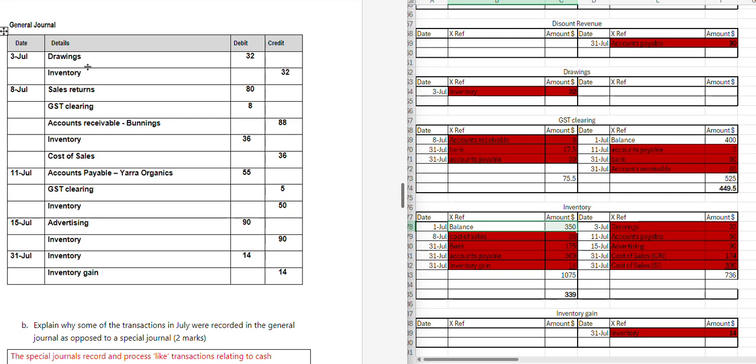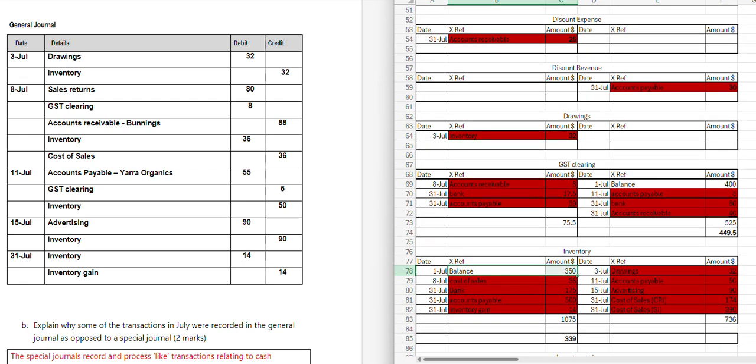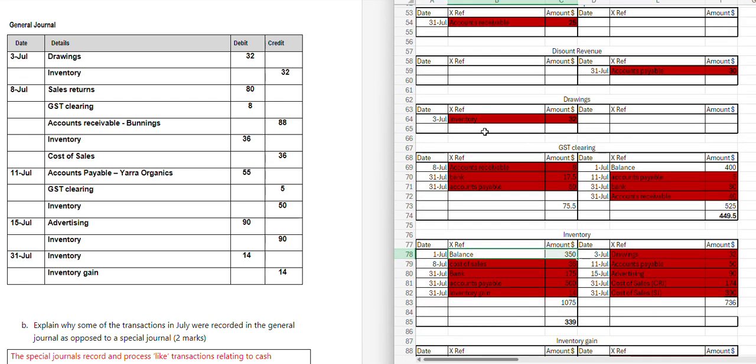So this first transaction on the 3rd, we had some drawings of inventory. So it's got 2 effects. Let's go to our drawings account, and it's telling us in the general journal what to debit and credit.